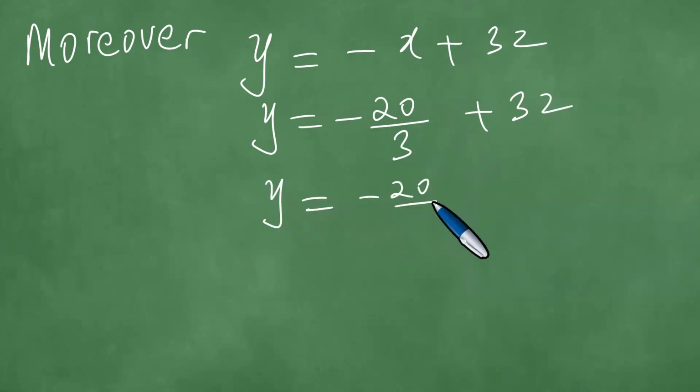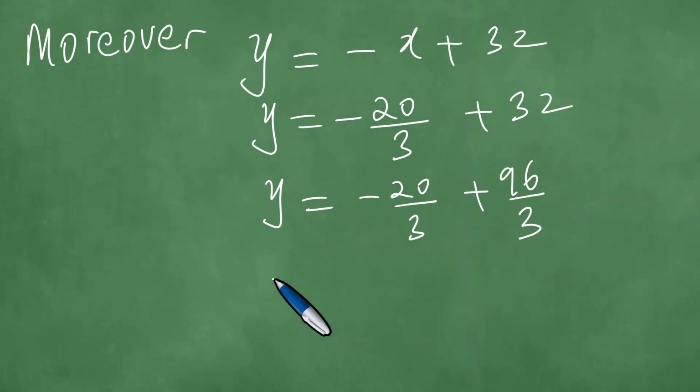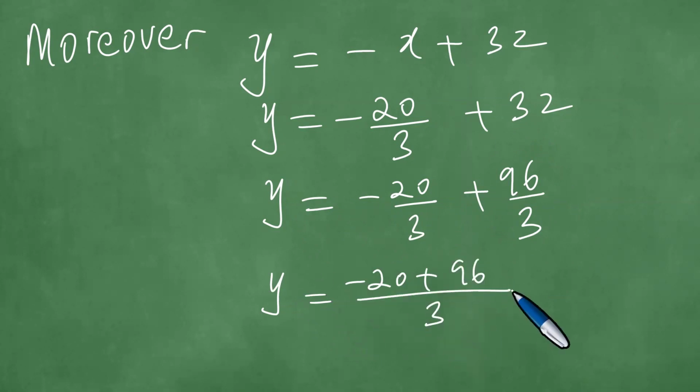You can write 32 as exactly 96 out of 3, and therefore what we're getting is minus 20 plus 96 out of 3, and the result is exactly 76 out of 3.